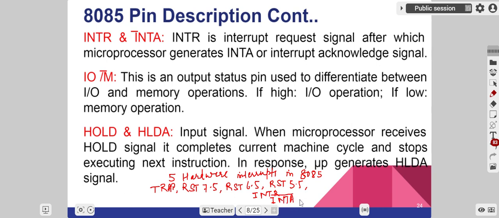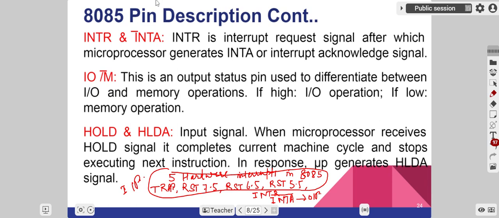So this signal will be an output signal. On the other hand, these interrupts are the input signals, because we are interrupting the microprocessor. The microprocessor can only be interrupted if we provide some input signal to it. That input signal is provided with the help of input pins, and those pins are TRAP, RST 7.5 to 5.5 and the INTR pin.